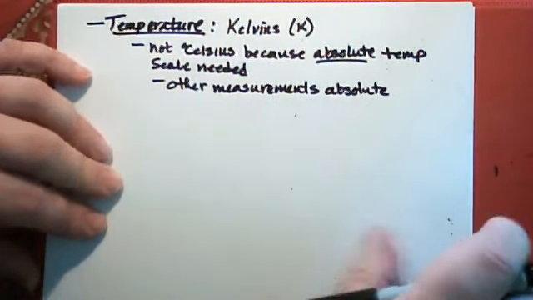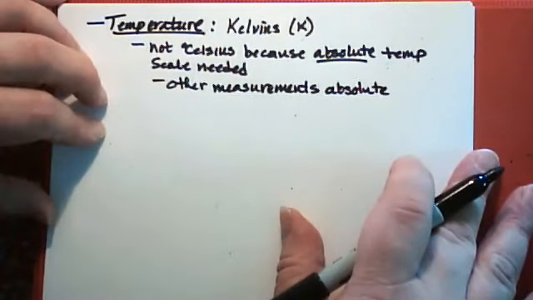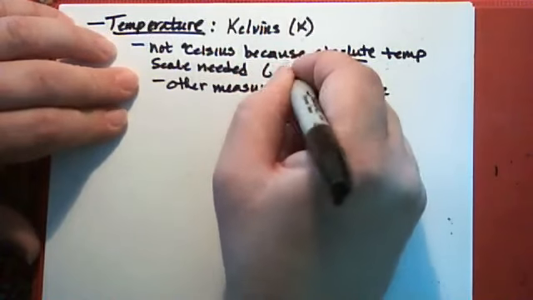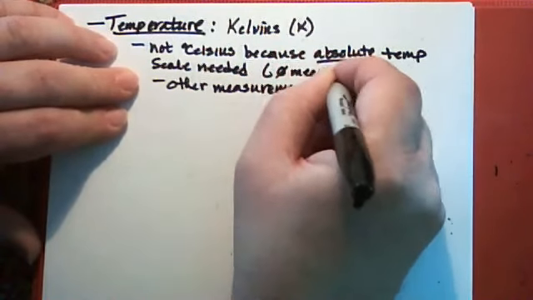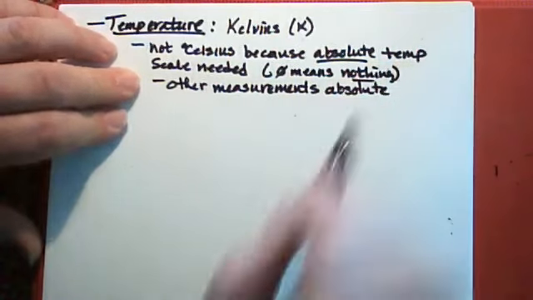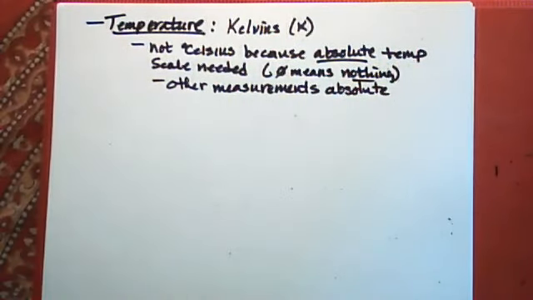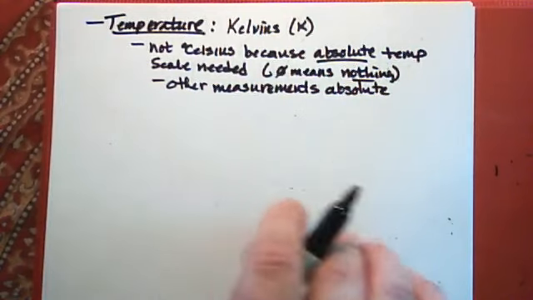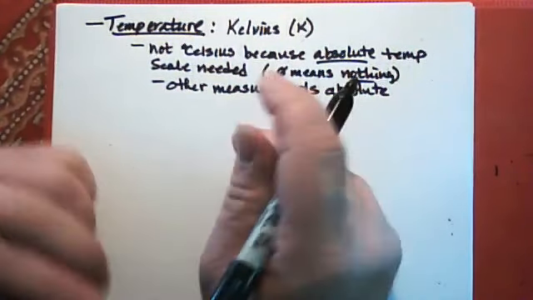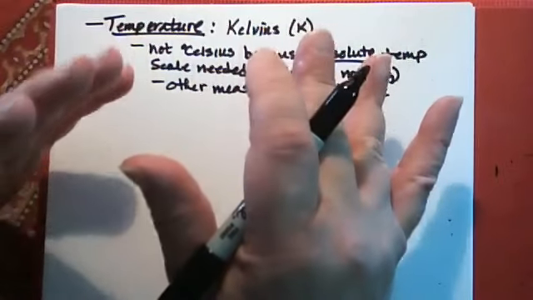And if you think about it, what we mean by absolute is that 0 means nothing. And in temperature, what you're measuring is actually the average kinetic energy of the particles in a sample.